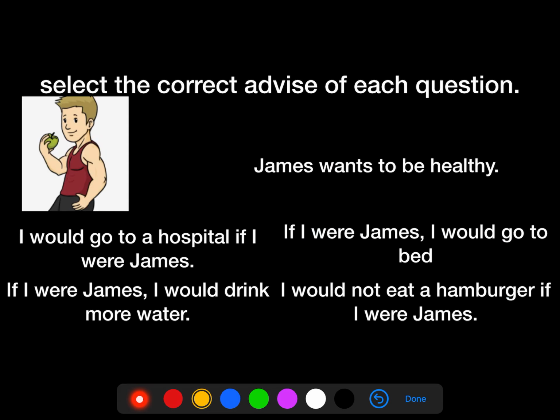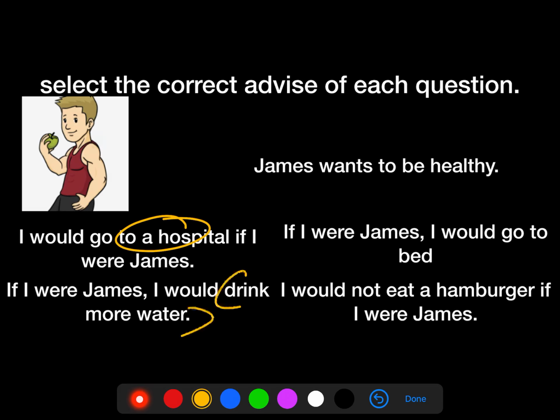So next one. James wants to be healthy. Then which advice would be a correct and good advice for Mr. James? So number one, I would go to a hospital if I were James. Going to a hospital is the advice for this. If I were James, I would drink more water.